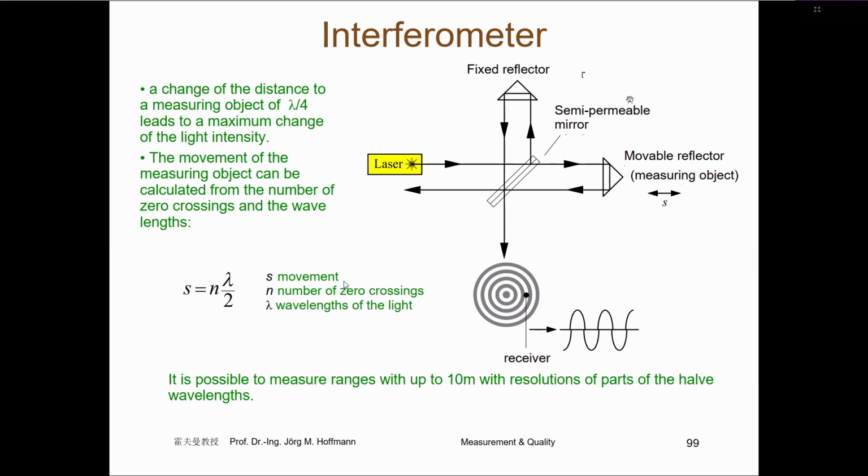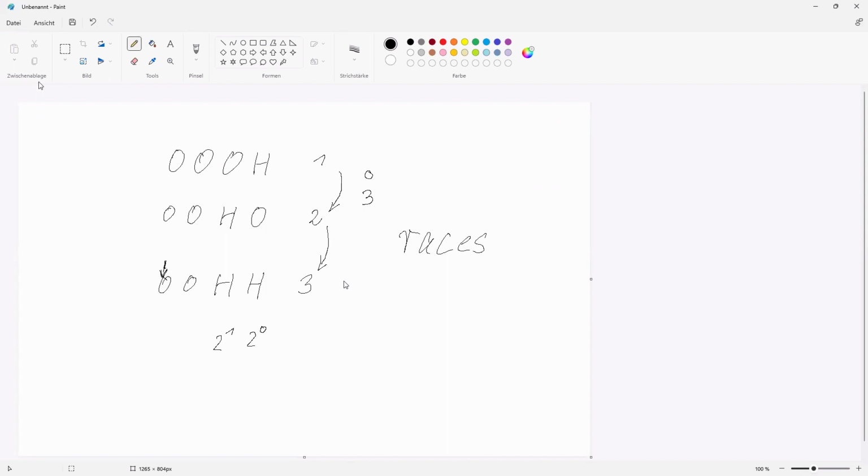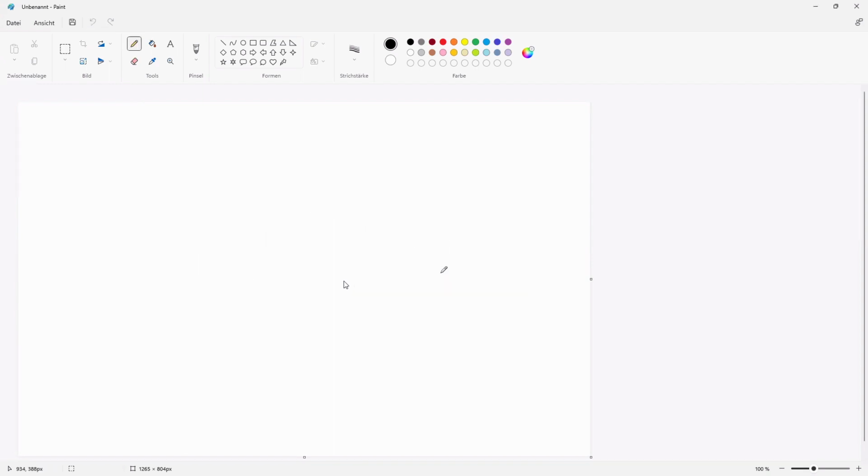I change to the drawing field. I think I need a little bit bigger. When you have, for example, a balance, here this is fixed, and the movable is, for example, here. No, that's wrong.